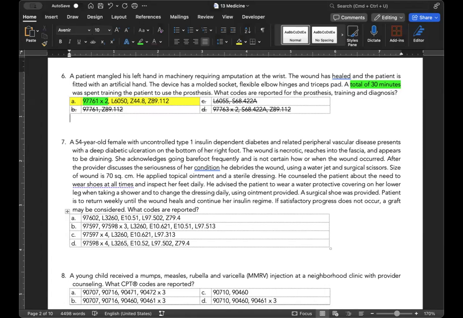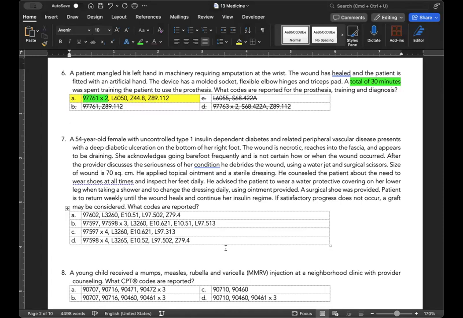Size of the wound is 70 square centimeters. He applied topical ointment and a sterile dressing. He counseled the patient about the need to wear shoes at all times and inspect her feet daily. He advised the patient to wear a water protective covering on her lower leg when taking a shower and to change the dressing daily using ointment provided. A surgical shoe was provided, and the patient is to return weekly until the wound heals and continue her insulin regimen. If satisfactory progress does not occur, a graft may be considered.